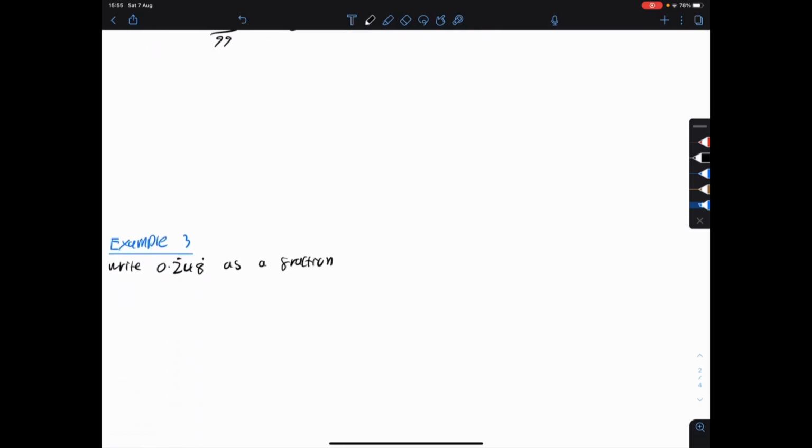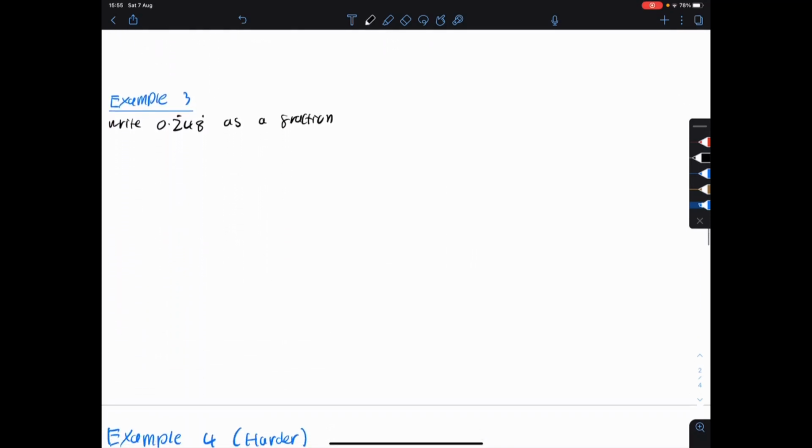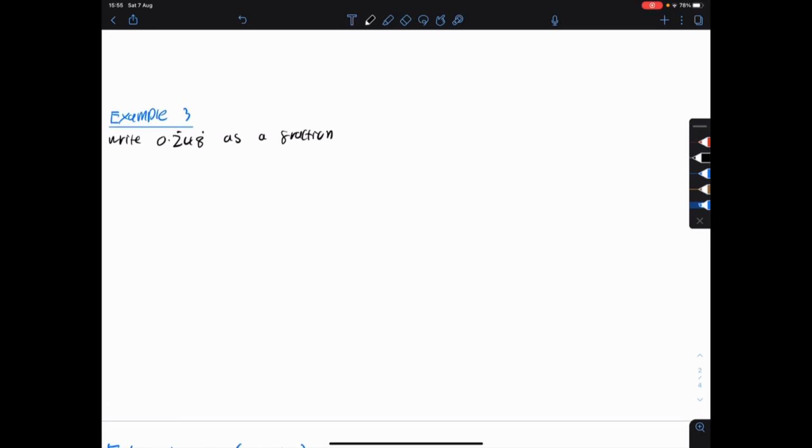Okay, we have another example here, which is very similar. In step 1, we just need to write out the equation. So x equals 0.248248, so on. And we know that timesing by 10 won't work, and we should be able to see now, using our intuition, that timesing by 100 won't work either, because we won't be able to cancel those decimals out.